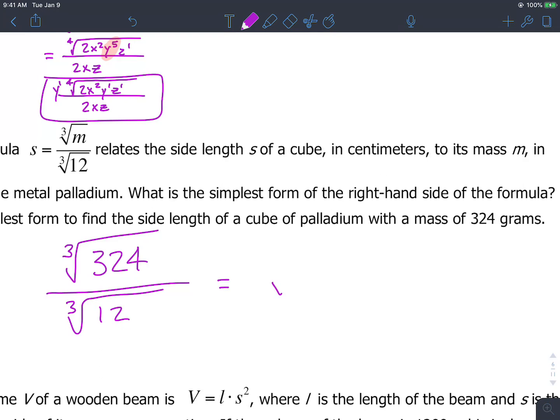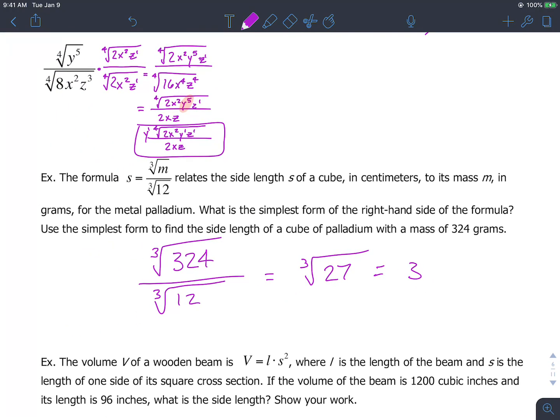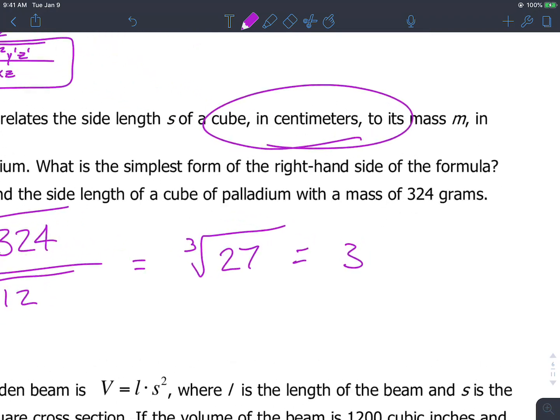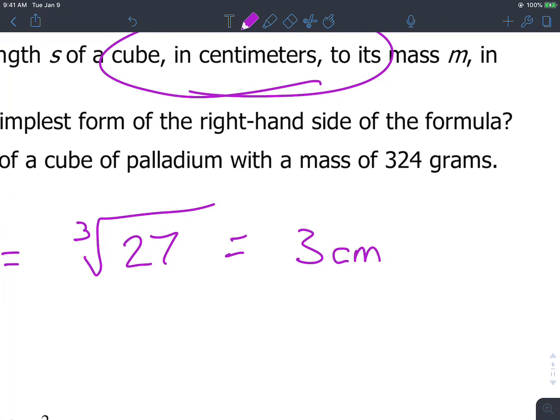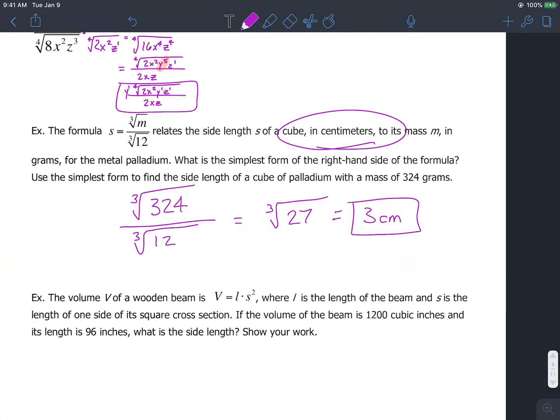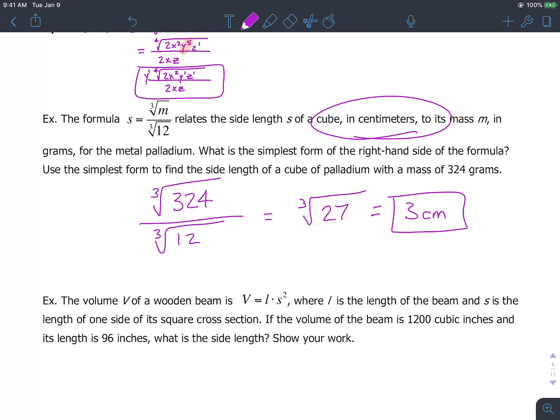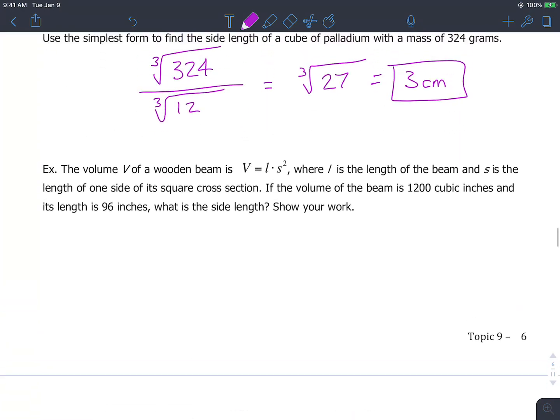Apparently that gives me 27. And that actually makes a perfect cube right there. We can say, oh, okay, this cube has a side length of 3 right there. And units, I guess they said this was going to be in centimeters right here. So 3 centimeters. So usually with these, it's much more efficient to plug in first and then simplify.